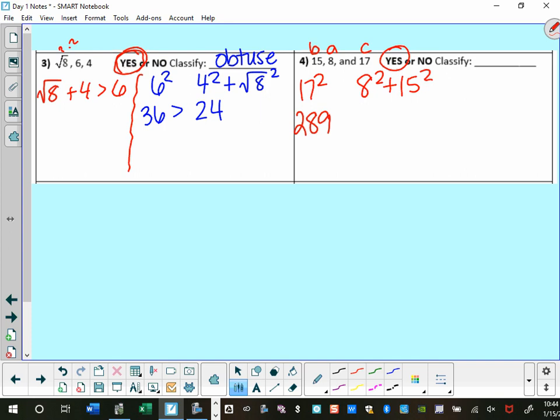All right, do 8 squared plus 15 squared. 289. All right, those numbers are equal, so would that be right, acute, or obtuse? It would be a right triangle because it satisfies a squared plus b squared equals c squared.